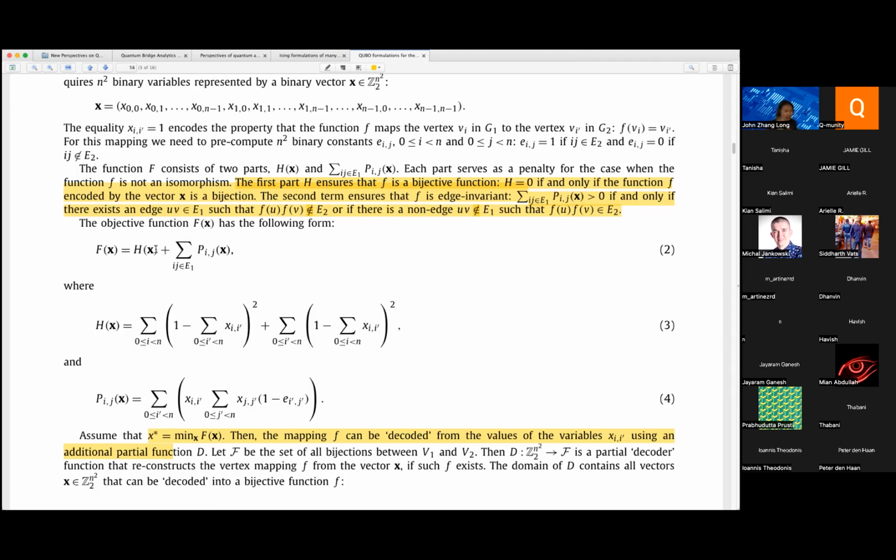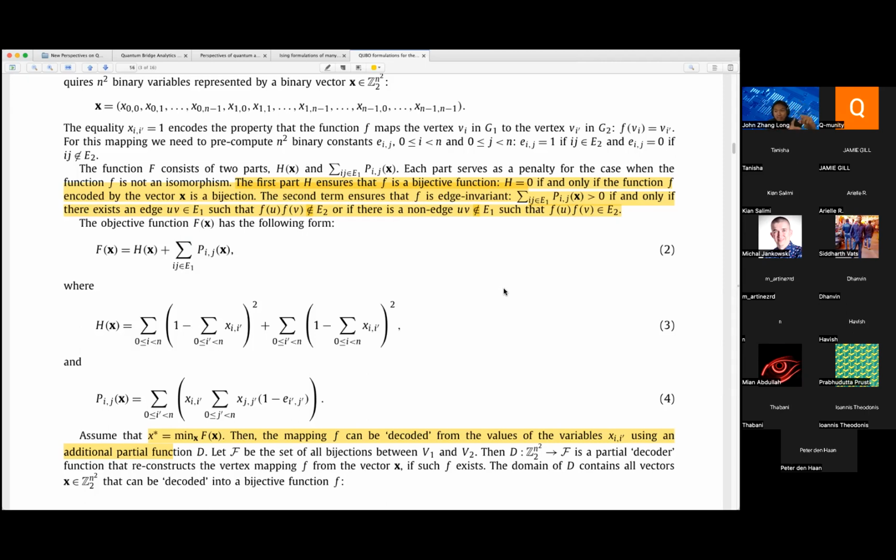So for the graph isomorphism problem, one of our restrictions is that it's a bijective function. Bijective function is fancy for one-to-one mapping. So that means if I have stuff in my domain and stuff in the function output, only one thing in the input should map to one thing in the output, one and only one. There should never be a case where two things in the input map to one thing in the output.